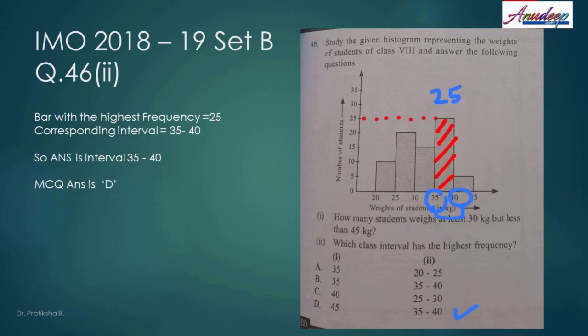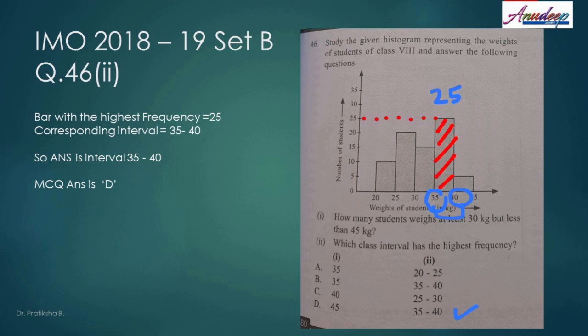Now, in the second sub-question, we have been asked which class interval has the highest frequency. So the class with the highest frequency can be identified with the tallest bar in the given graph. The one which is tallest, you observe, has the frequency equal to 25. It has been shaded with red stripes for you.